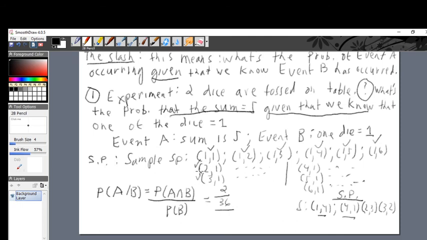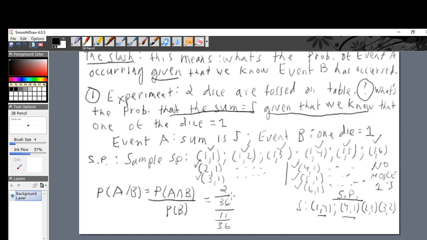An 8th case, a 9th case, a 10th case, 11th case. That's it. There are no more ones. So how many are there? 1, 2, 3, 4, 5, 6, 7, 8, 9, 10, 11. It's 11 out of 36.